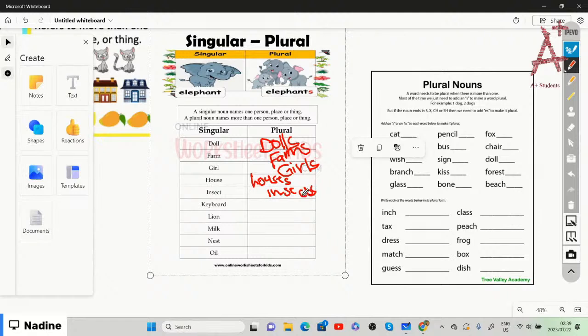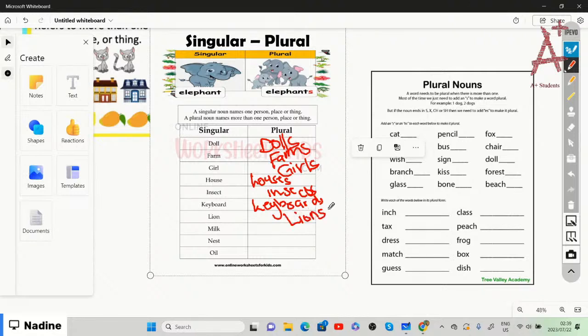Keyboard, and then we have keyboards. Lion, lions.